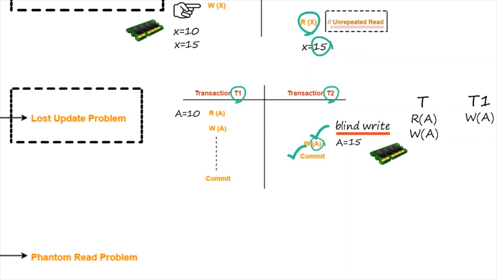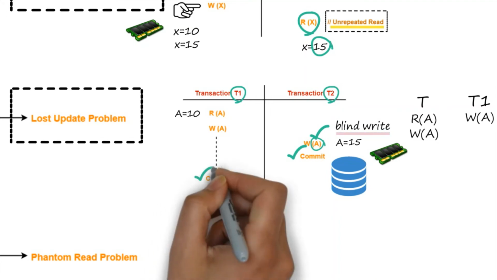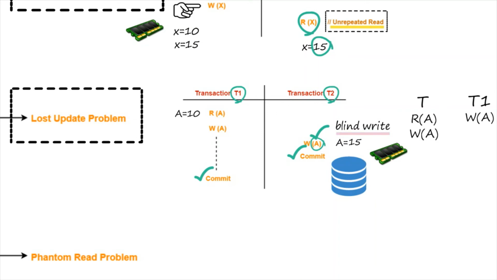Means whatever changes have been made by T2 are stored in the stable storage in the database. So when T1 commits, it writes the value of A in the database. T1 writes over a value written by T2. So in that case, whatever update T1 has made is lost.